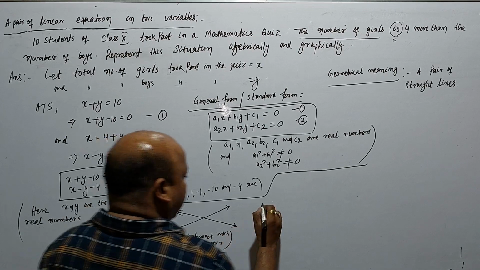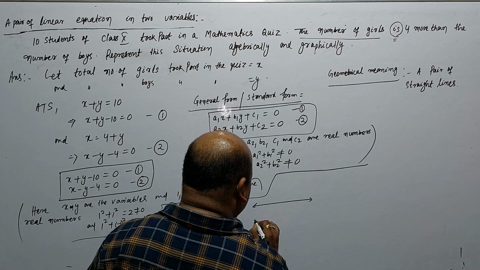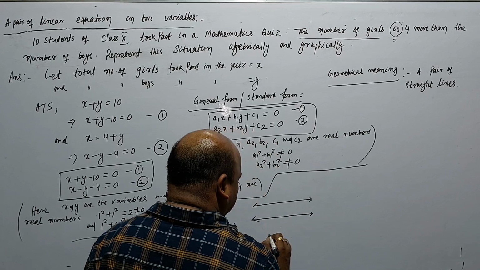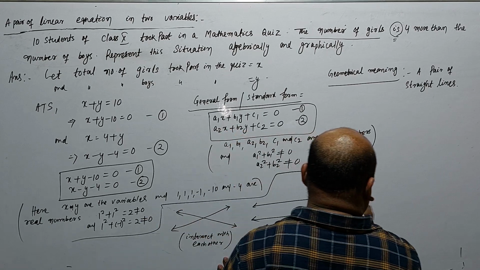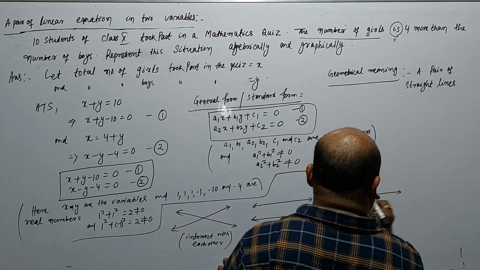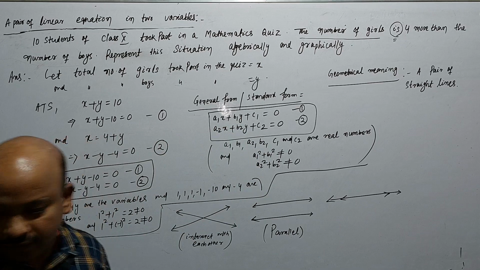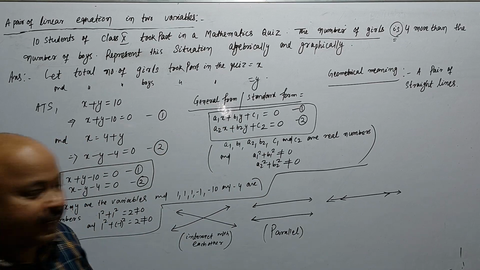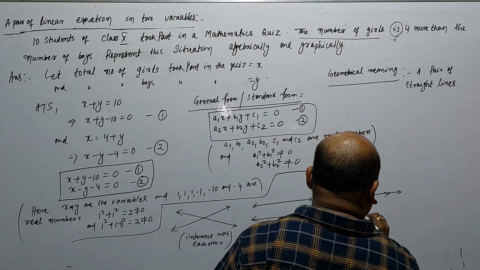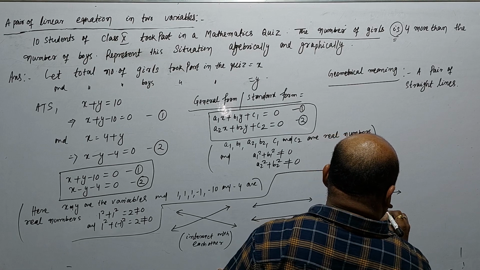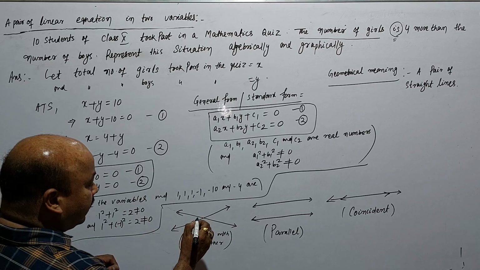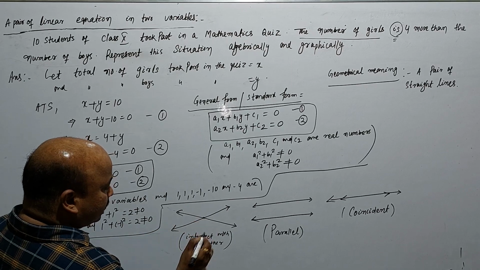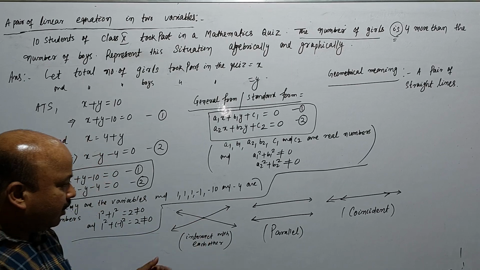And they may be parallel with each other. And they may also be coincident, meaning the two lines can be the same line. Coincident means there is a common point in this graph.